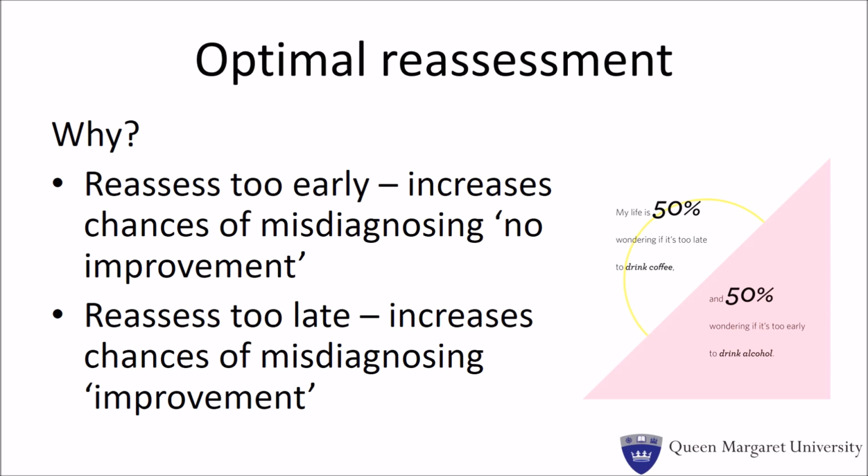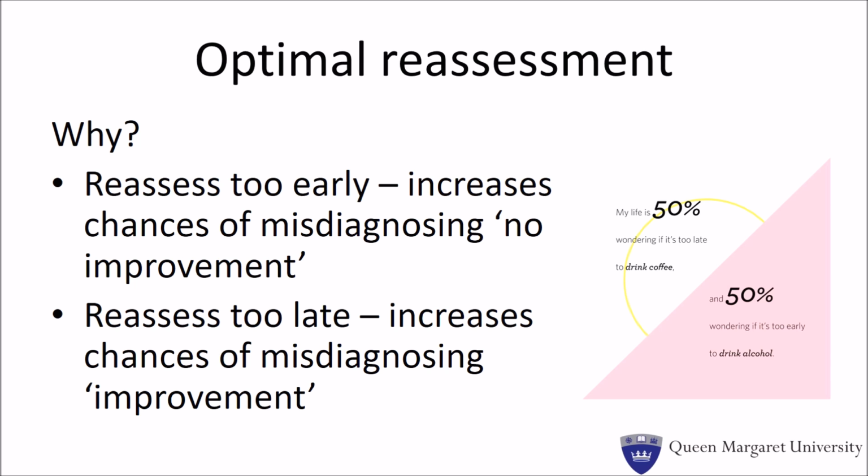So they argue that if we reassess a patient too early on, the chances of misdiagnosing the person as having no improvement increases. On the other hand, if we reassess them too late, this increases the chances of misdiagnosing someone as having improved.